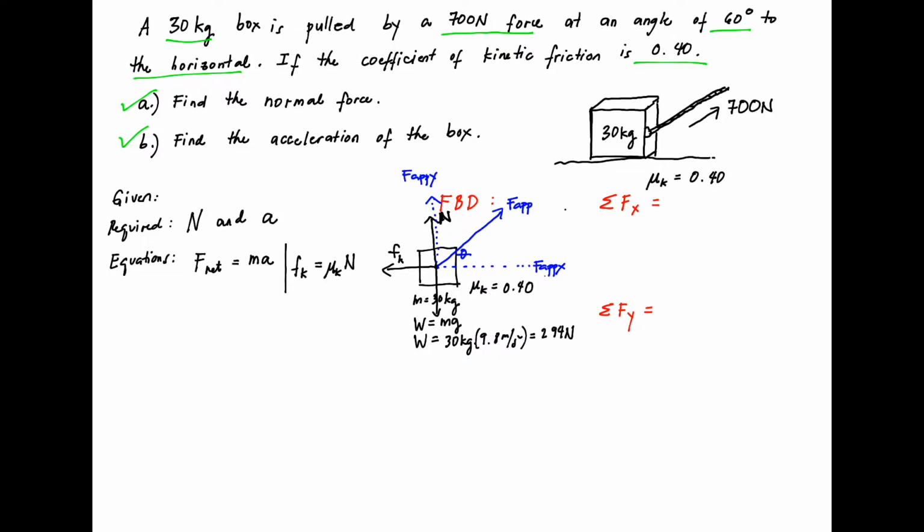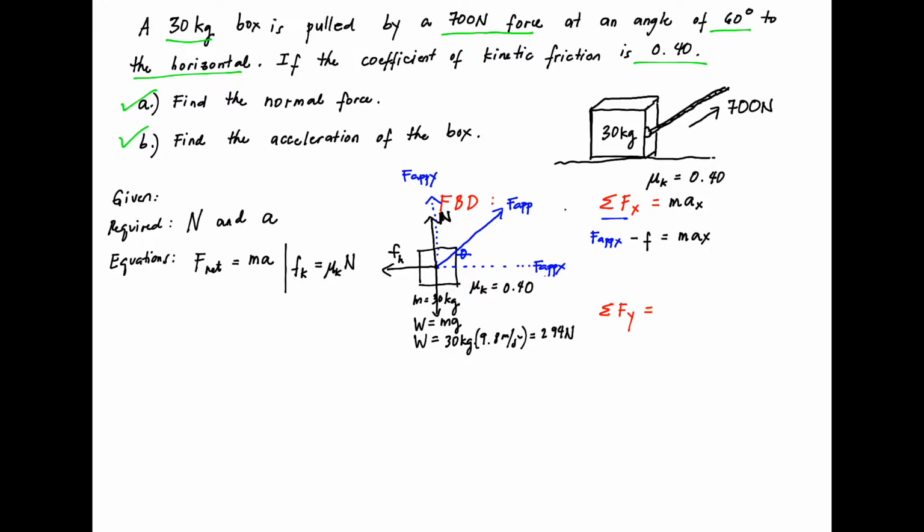Let's write the summation of the Fx. The summation of Fx, which is mass multiplied by acceleration, is equivalent to F up X minus the frictional force, equals m a x.